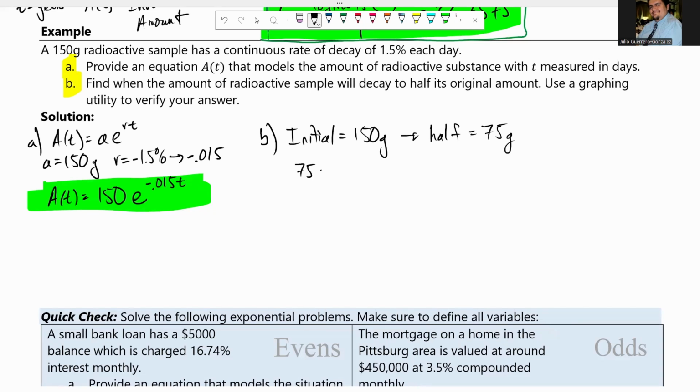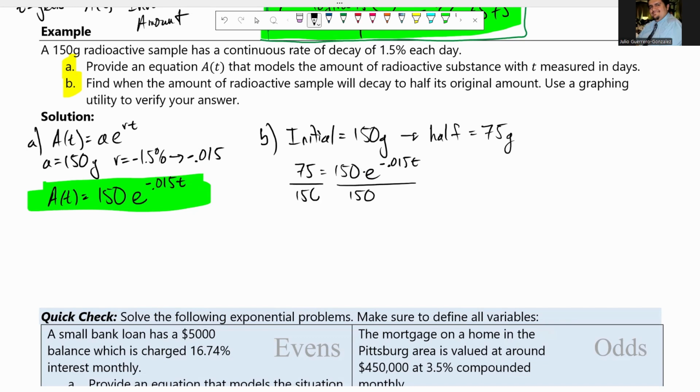75 grams is equal to 150 e to the negative 0.015t. And we're trying to solve for the t, okay? In terms of our exponents, we need to get this thing by itself. There is a 150 that's being multiplied, so divide by 150.